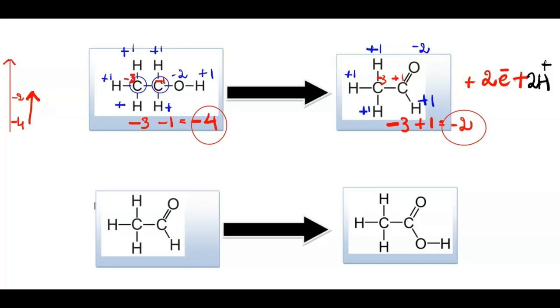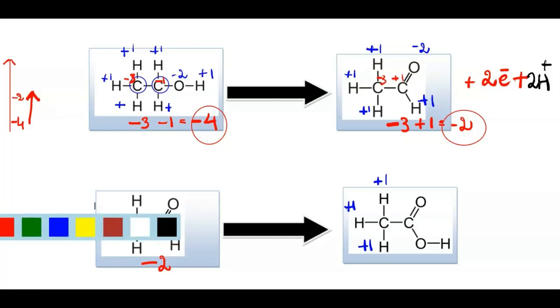Now balance the next equation in a similar way. You already know the oxidation state you found here, -2, and you need to find the oxidation state of the acid carbons. It is +1, +1, +1, so the carbon is -3.